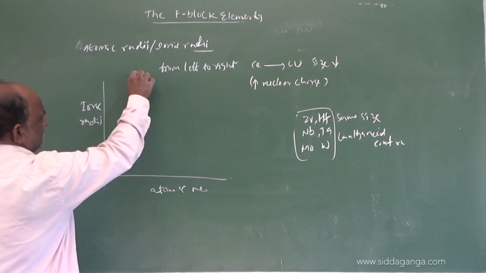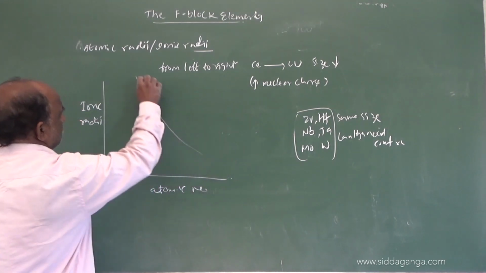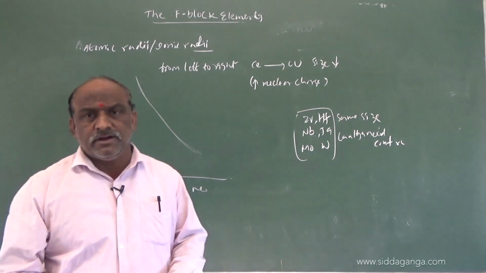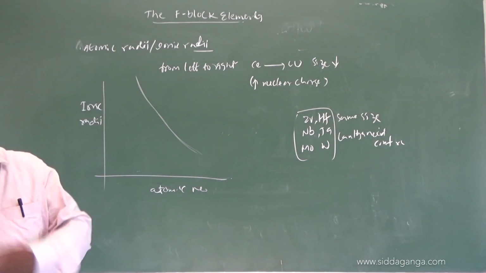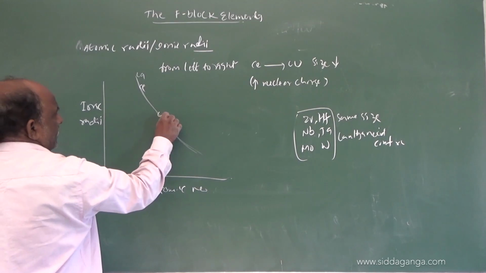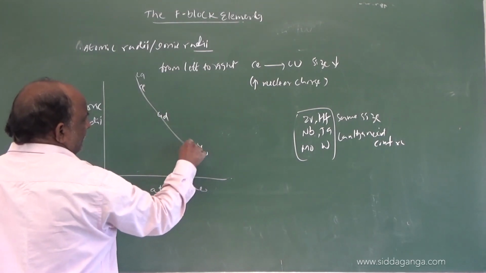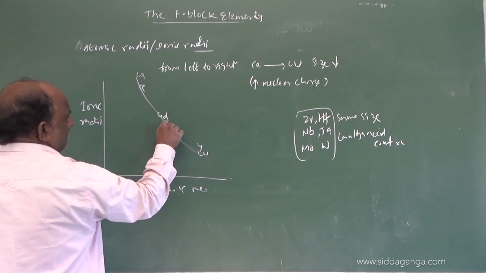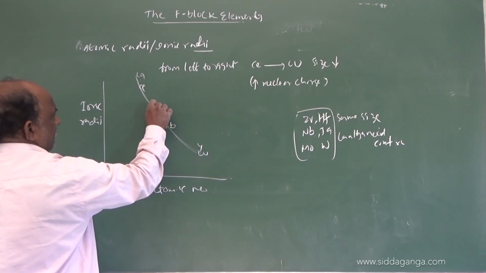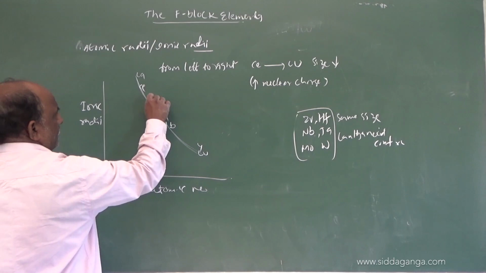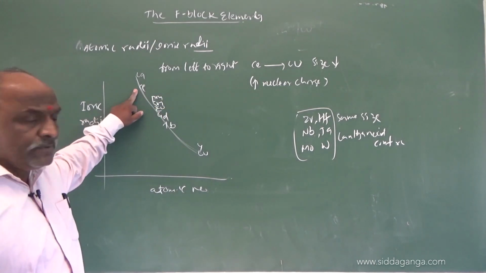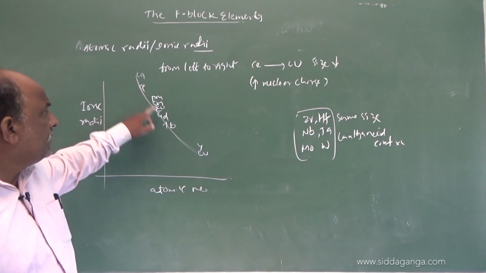You will get one curve like this. Here are lanthanum, cerium, gadolinium, lutetium, terbium, and europium, samarium and promethium, praseodymium, dysprosium, different types of elements.